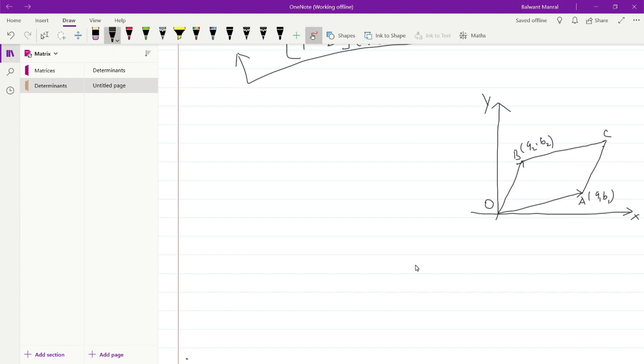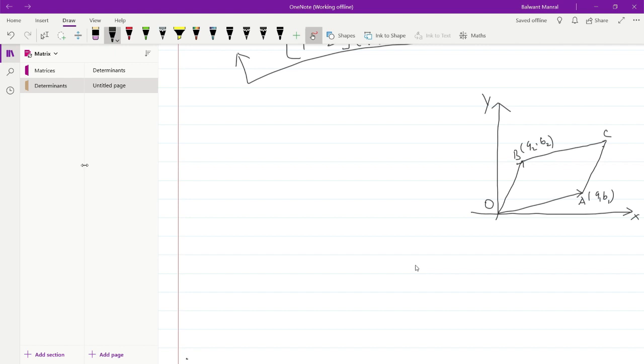It implies that the determinant of a 2 by 2 matrix may represent the area of a parallelogram whose sides are OA and OB. The coordinates of A are a1, b1 and the coordinates of B are a2, b2. So vector OA and vector OB will be the two adjacent sides of the parallelogram.